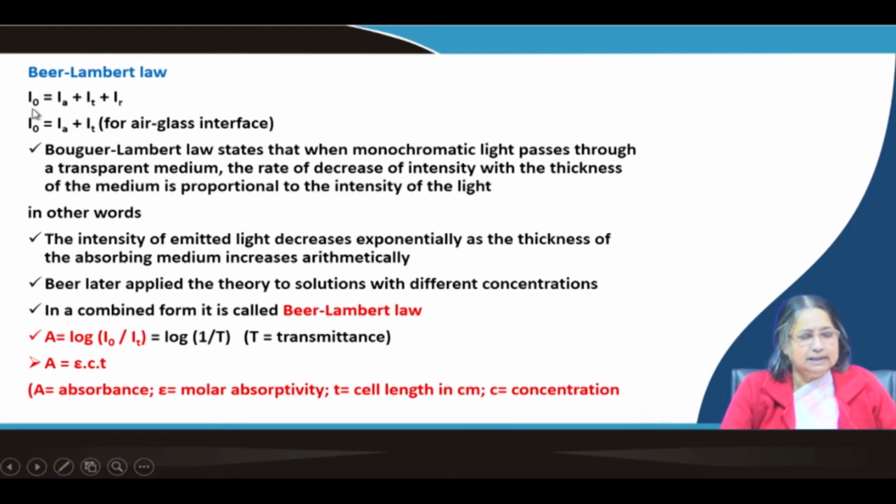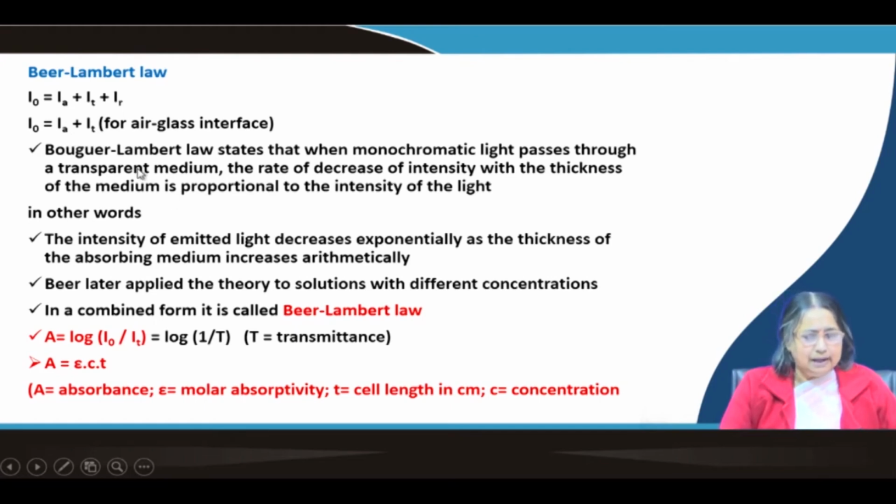If I0 is the initial intensity, then absorption of light can happen, transmission of light can happen, and reflection can happen. But if you think about a very good air-glass interface, then you can neglect the reflection part, because it is below 5%. So, I0 is a combination of I absorption and I transmission.